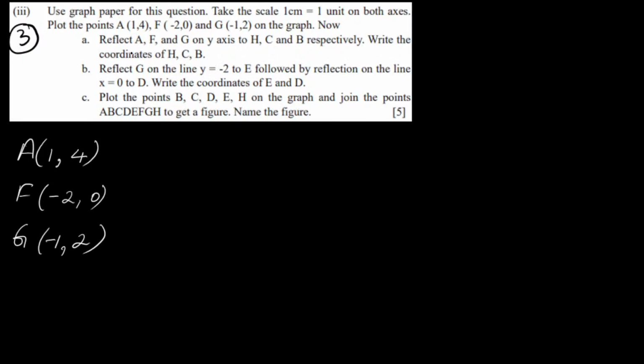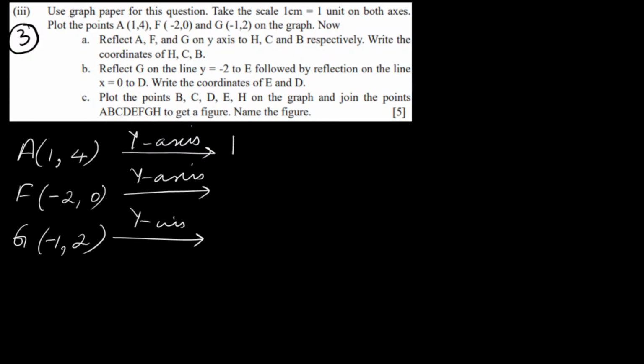Now it's mentioned: reflect A, F and G on the y-axis. We have to reflect these 3 points and name them H, C and B. So what will be the reflected point?